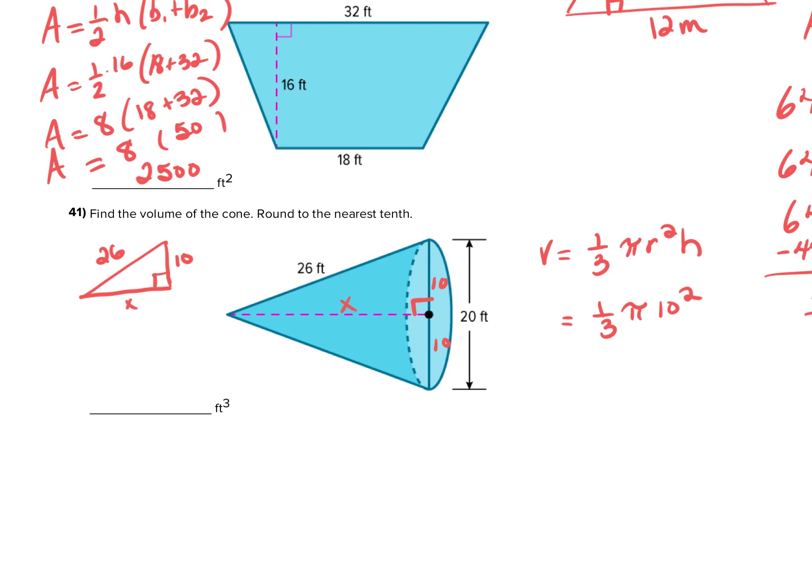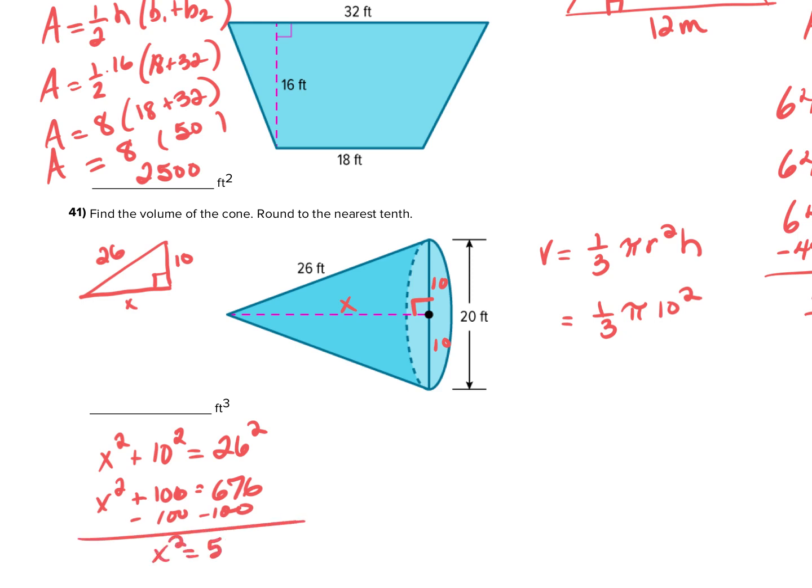So I can solve for the height using Pythagoras' theorem. I'm going to do the same setup that I did in the previous problem: x squared plus 10 squared equals my hypotenuse squared. And ironically, these are the same numbers. I get 24, so I'm still going to get 100 plus x squared equals 676. So the numbers are exactly the same.